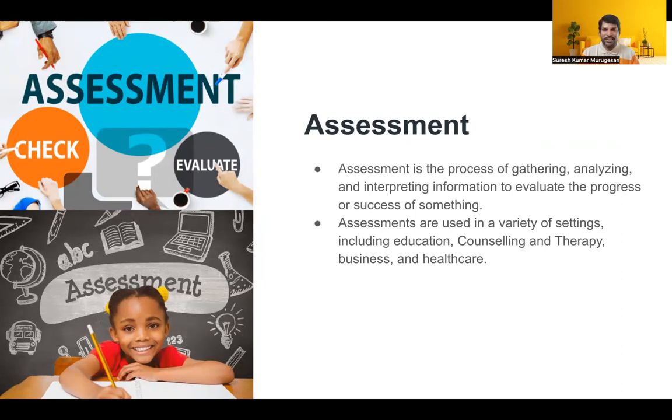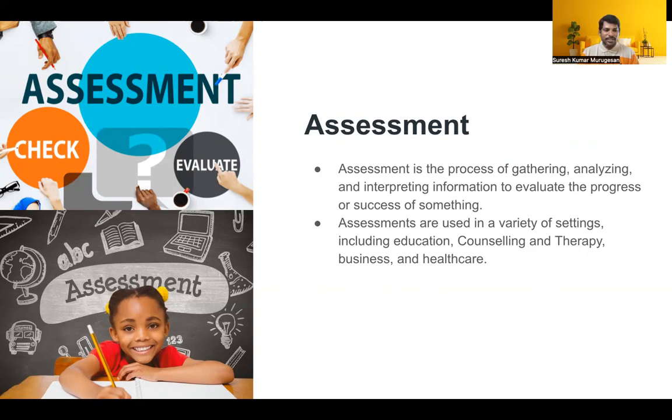In family counseling assessment, we gather information about the different family members, their communication pattern, their relationships, the boundaries, roles and responsibilities, and many more things. After collecting the information, we analyze and interpret it. Based on the interpretation, we make an evaluation and further go for counseling. This is what we do for assessment.